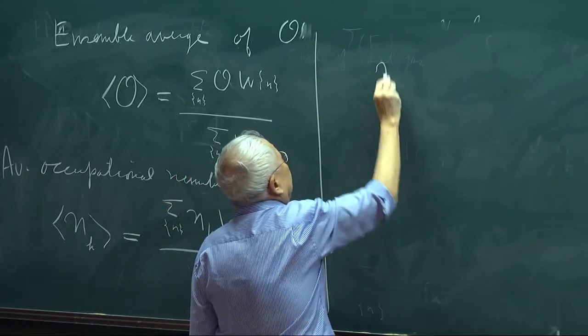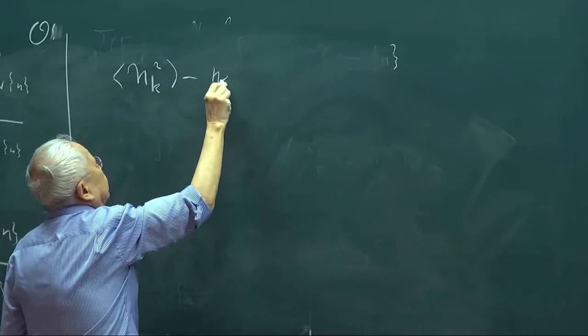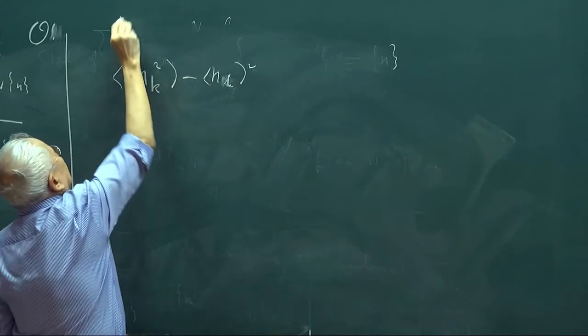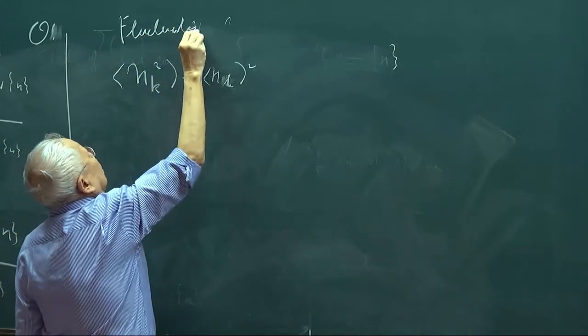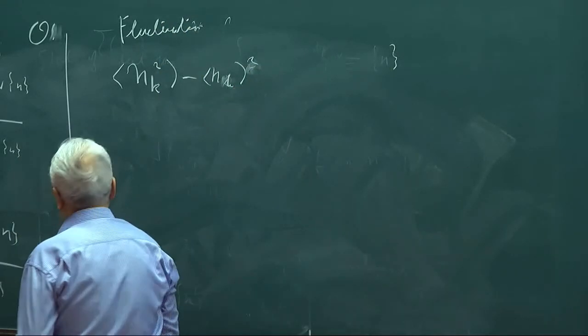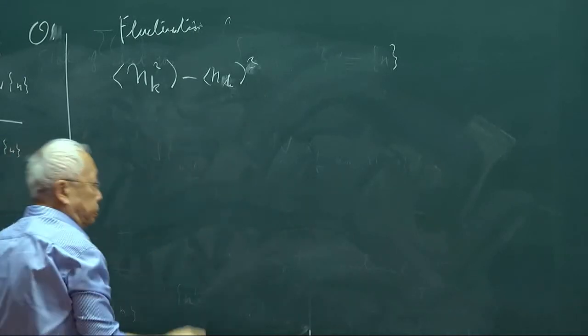Then, of course, nk squared average minus nk average squared is the mean squared fluctuation. This is the fluctuation. You average nk squared, this is the average of nk squared.